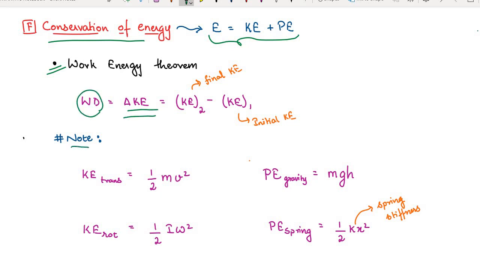Now the value of kinetic and potential energy for different cases is: kinetic energy for a body in translation is half mv square, and kinetic energy for a body in rotation is half I omega square. The potential energy of the body due to gravitation is equal to mgh, and the potential energy stored in the spring is equal to half kx square, where x is the value of displacement.